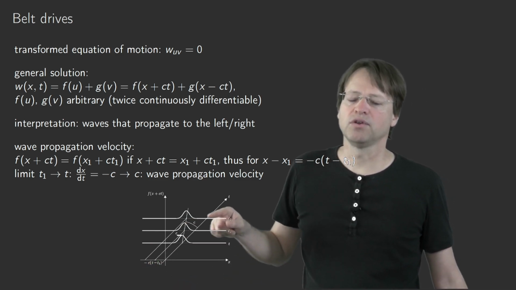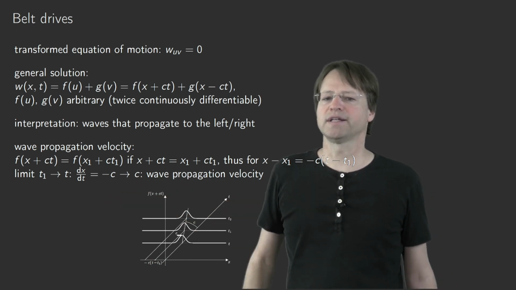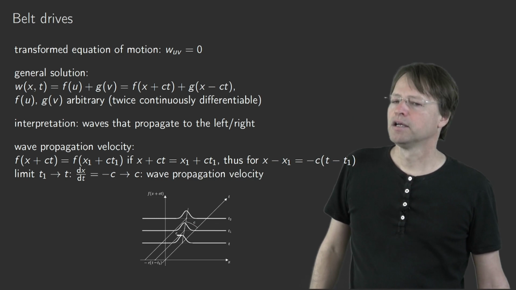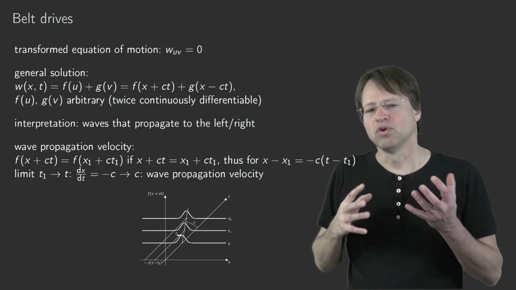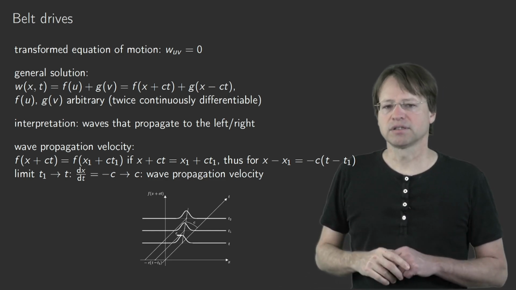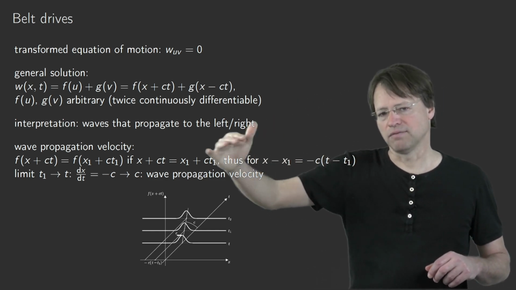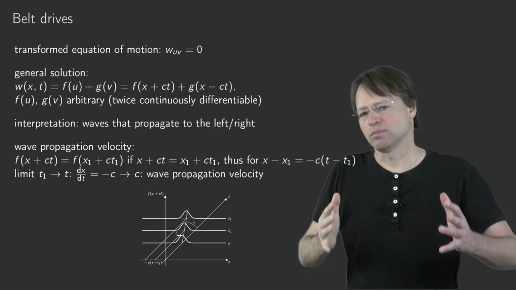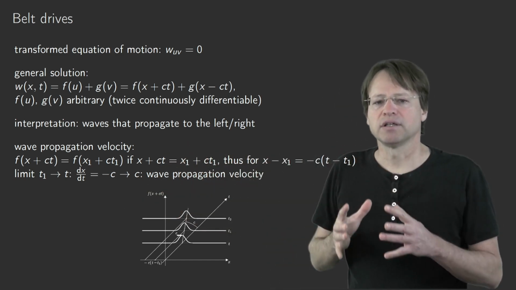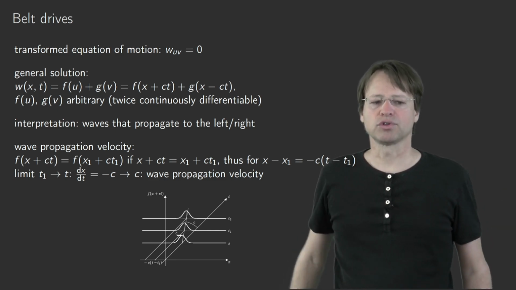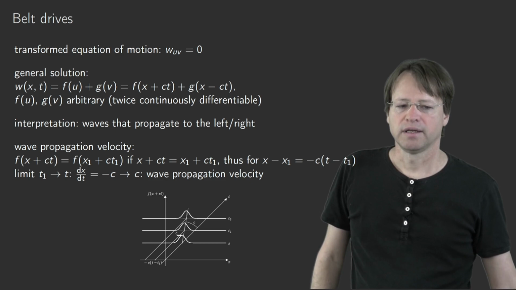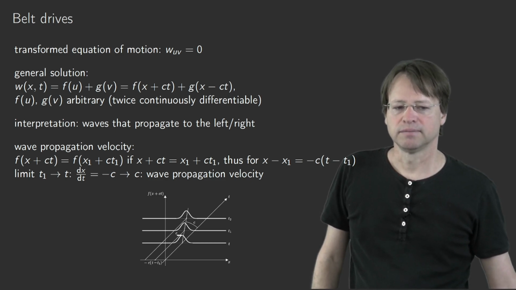So that figure moves to the left direction. It's a wave that moves to the left direction. So you get a physical idea of what that solution represents. It represents a wave that propagates. One part of the solution propagates to the left direction, the other part of the solution propagates to the right direction. Well, that's the basic idea.